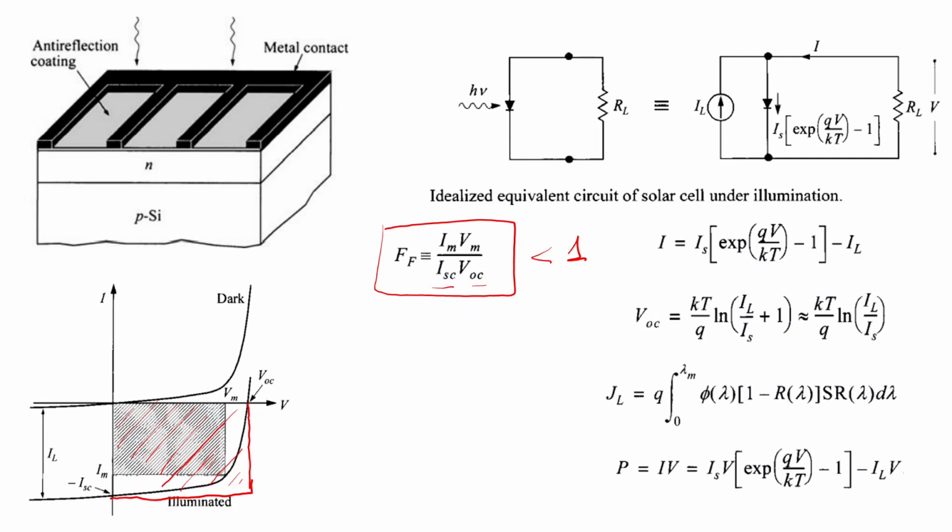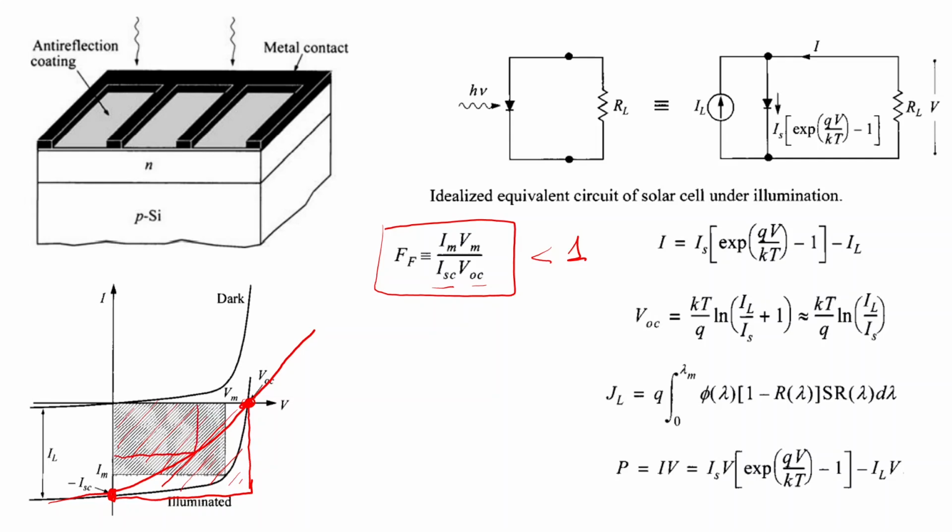And imagine that we have such a JV curve. We have the same short circuit current. We have the same VOC. So 2 parameters out of 3 are the same. So we would say, okay, that's a good device. They have high VOC and high short circuit current. But look here.